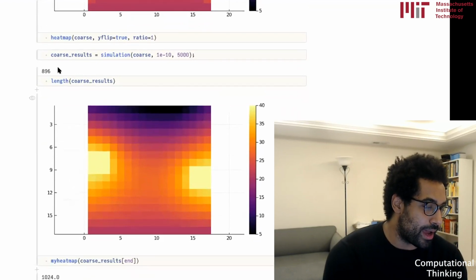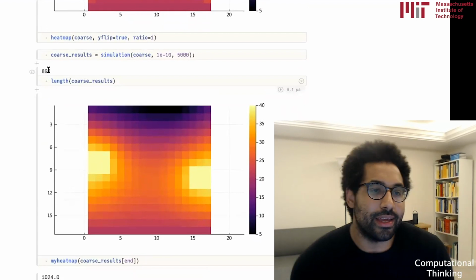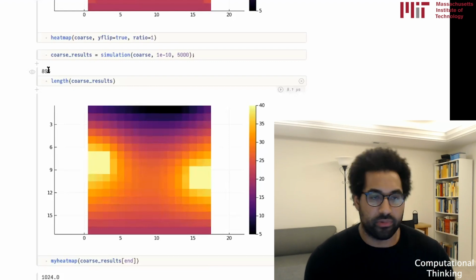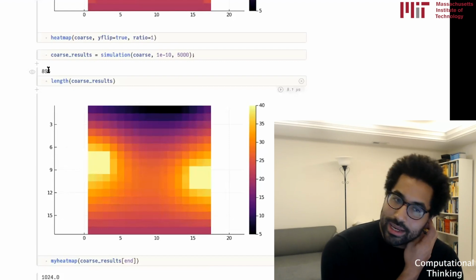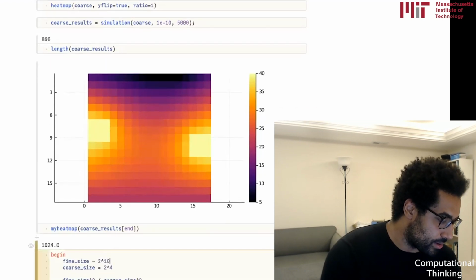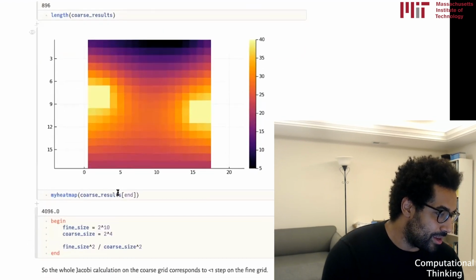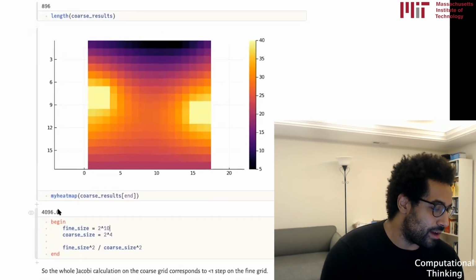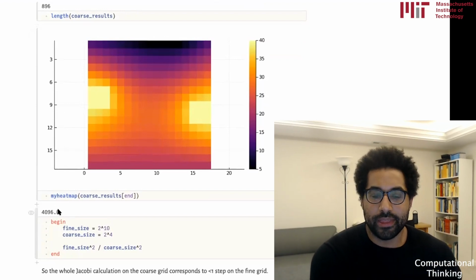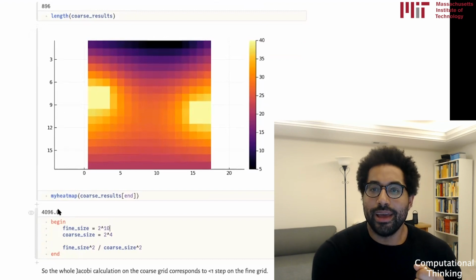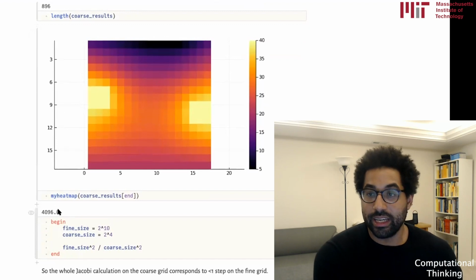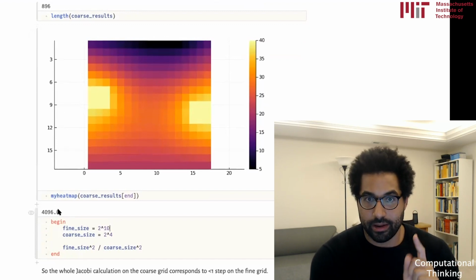The thing to keep in mind is that even though this took us 900 iterations of Jacobi to get this exact solution on our coarse grid with pretty much no error, we would have to do 4,096 iterations on this coarse grid for the computational cost, the number of operations our computer does, to equal one iteration of Jacobi method on the fine grid.